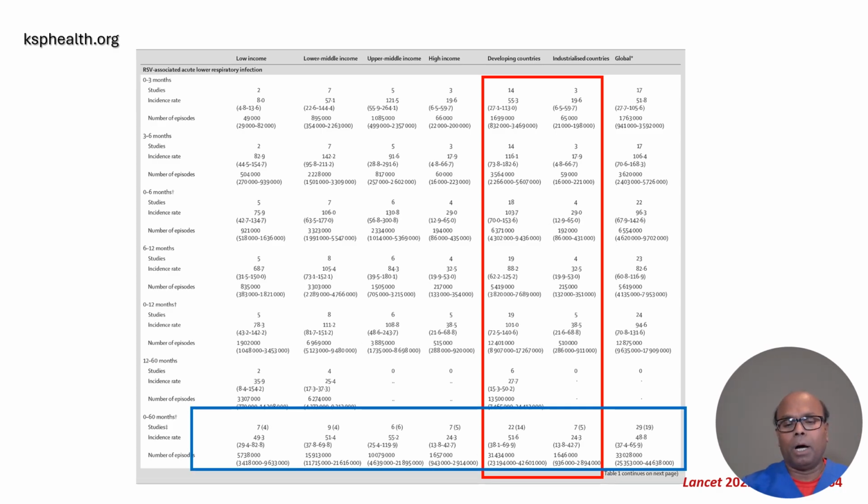As you can see in the bottom, for less than 5 years of age, the incidence of RSV associated hospitalizations is 1.7 million in industrialized nations, 31.5 million in developing countries. That's about 20 times higher prevalence in developing nations than the industrialized nations. It's understandable because they have more population.